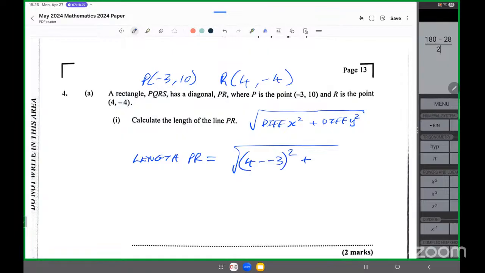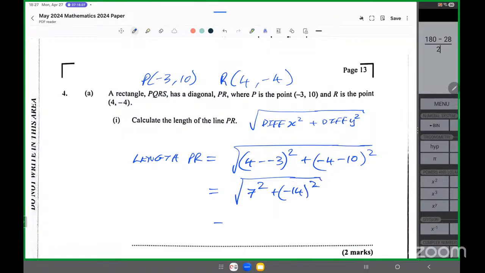Plus the difference in the y values squared. That's negative 4 minus 10, and squaring that. This becomes 7, so the square root of 7 squared plus negative 14 squared.